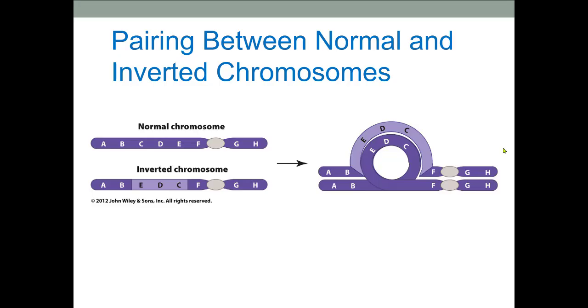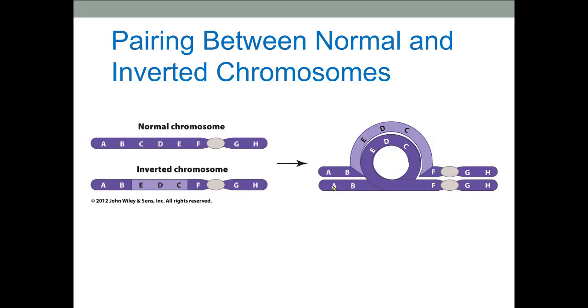Here's one way that this can be allowed to occur in the normal process of mitosis and meiosis, where the chromosomes need to line up against one another. If one of the chromosomes was inverted, they can still form a homologous pair, and that would be shown here. So we would have our one chromosome, the inverted one, shown on the top now.